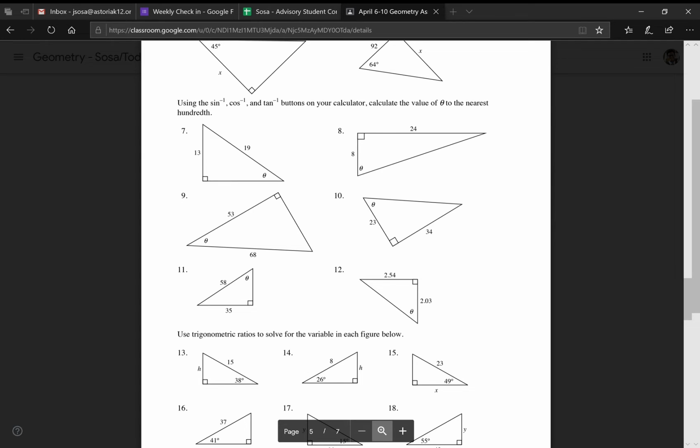And I've told my classes this jokingly, but also very seriously. I don't want to see this: 35 over 58 times sine inverse. That is incorrect because we're not multiplying.